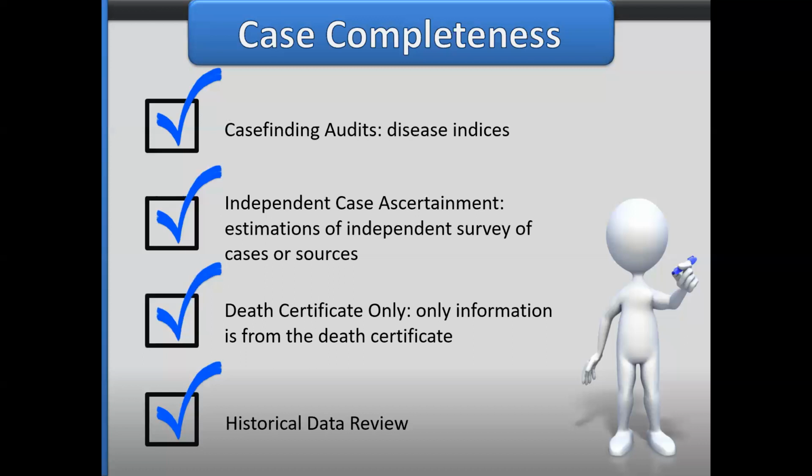Another method to evaluate case completeness is the historic data method. This involves comparison of the number of cases expected based on previous years or on standard incidence rate with those observed.